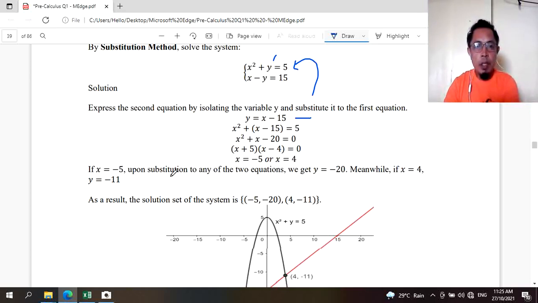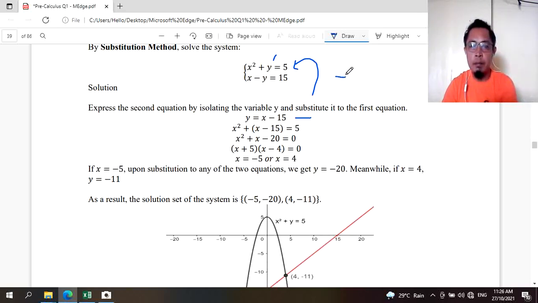Now, if our x is negative 5, we can substitute that to the second equation, because this one is the simple one to use. We come up with the value y equals negative 20. Just to show that, we have x minus y equals 15. x is negative 5, then we have minus y equals 15.